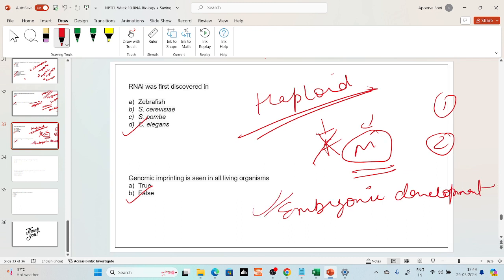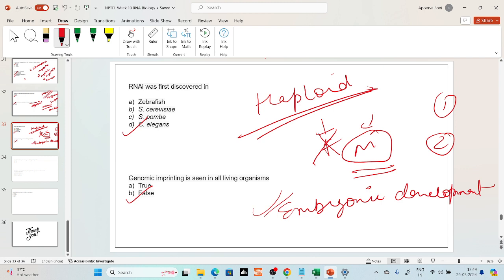So not all the time all the genes are showing genomic imprinting. And not all the organisms are diploid. Some are haploid also. The haploid cells cannot show genomic imprinting. So it is not seen in all living organisms, but still it is a very important phenomenon that controls the expression of genes, and hence it helps in preventing the progression of many kinds of diseases, including cancers.